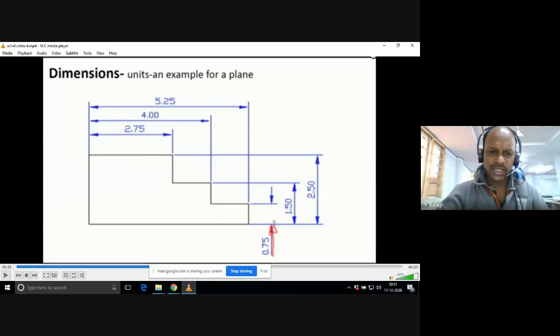And while putting the values, you have to place the values at the center of the dimension line. This is the dimension line, a blue colored line, carrying two arrowheads. And these two arrowheads are in the form of triangles, isosceles triangles.